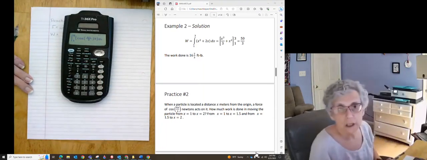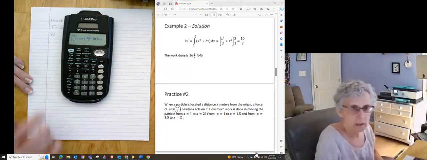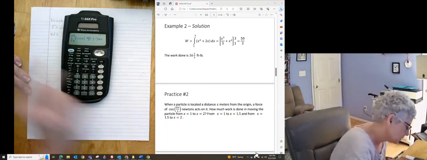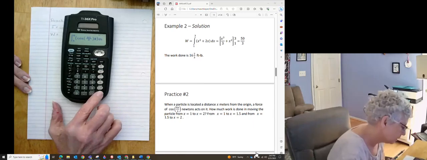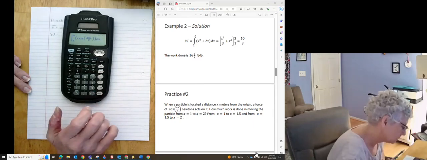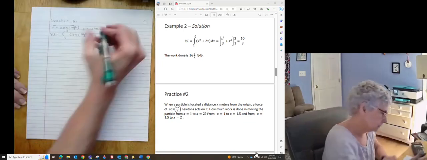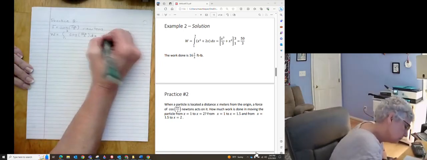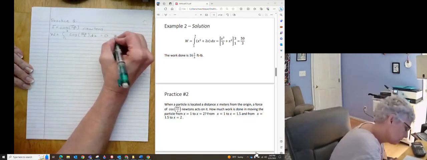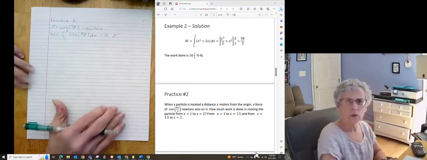Close the parentheses. So integral from 1 to 2 of cosine of pi x over 3 dx. And I get an answer of 0. 0 work. That doesn't seem right, does it?